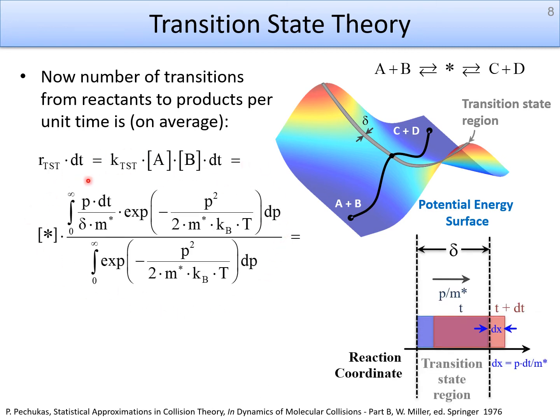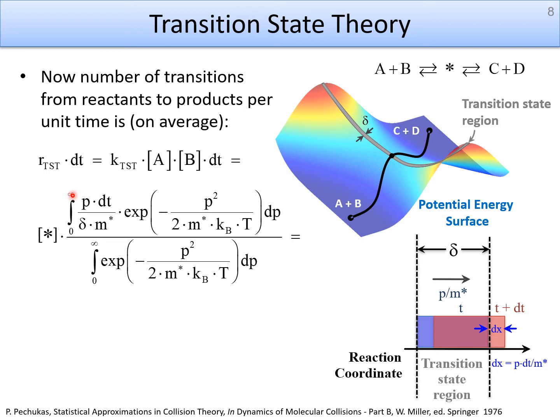So let's try to see how this came about. There are, well, two main ingredients or terms in this product. The concentration of the activated complexes times all this, which is indicative of the rate. It gives us the rate with which an activated complex transitions, moves towards the products region.